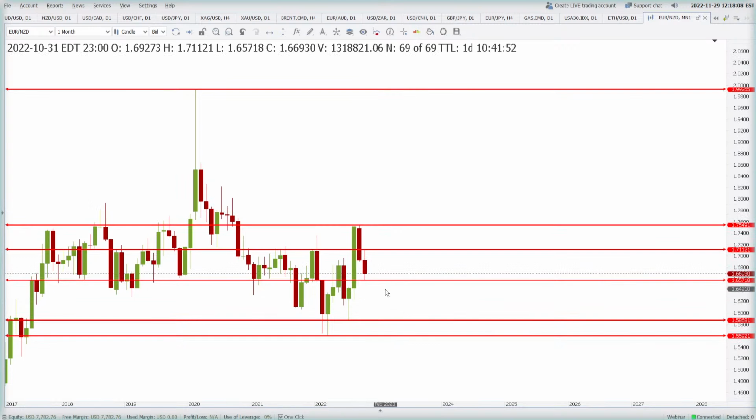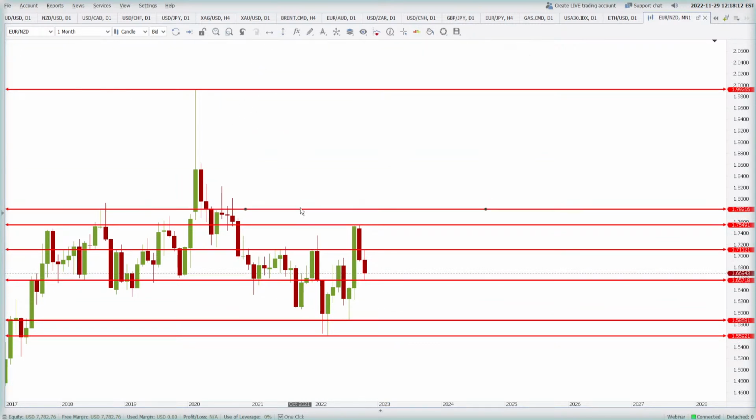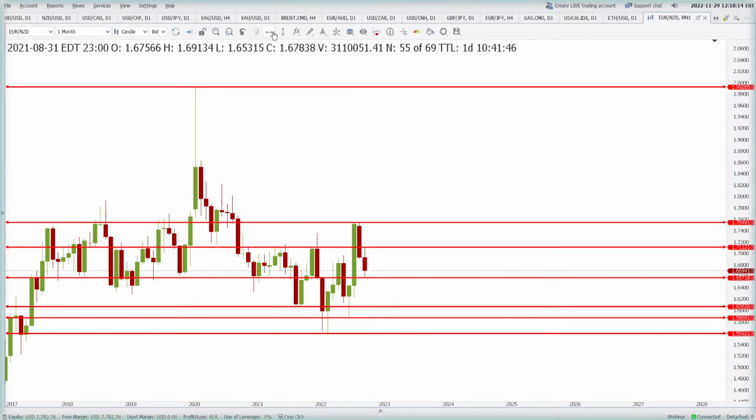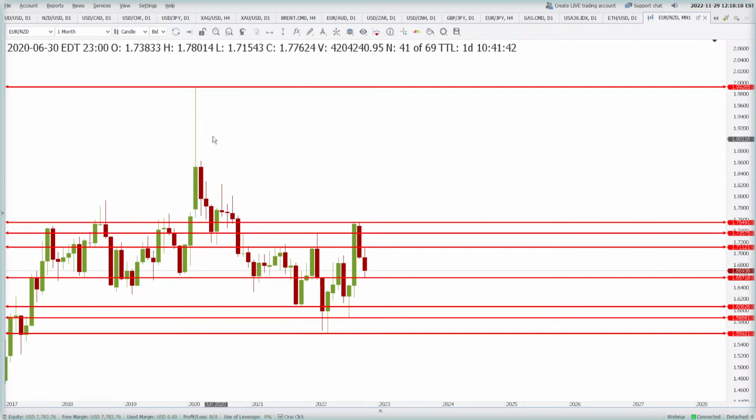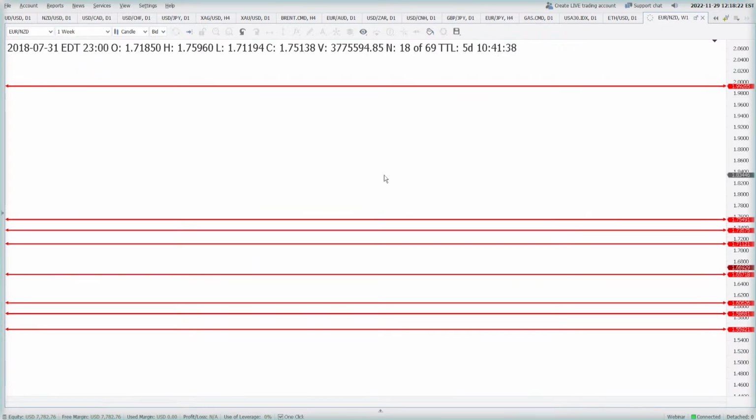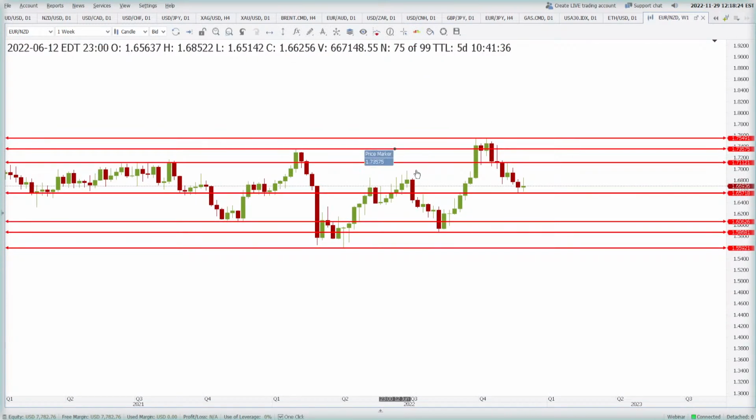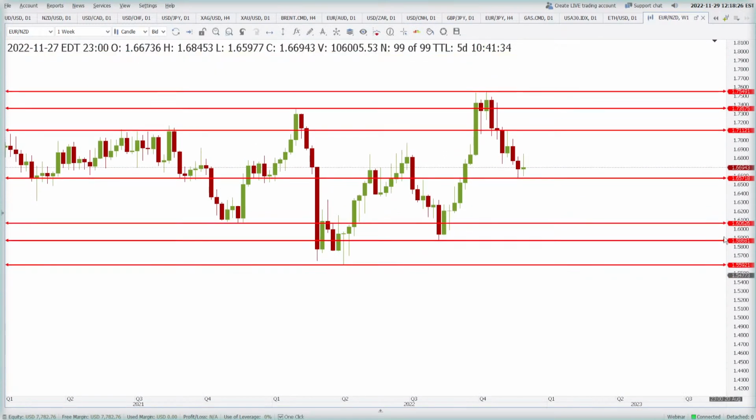So where are the swing highs and swing lows? You can keep your swing highs and swing lows also. All right, guys, I think I'm done with the monthly. Then I will switch to the weekly just to see what is happening here.